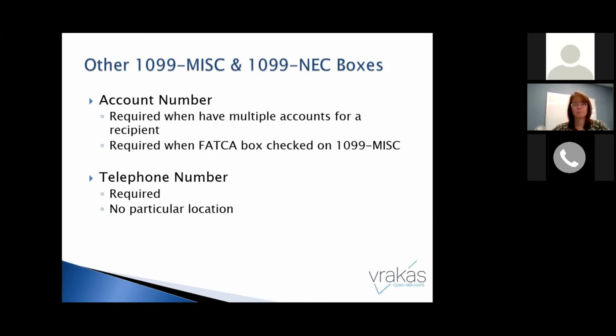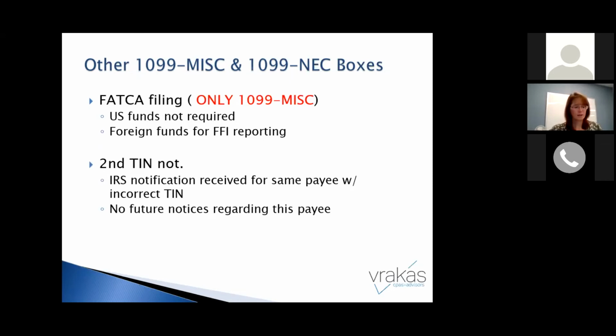That's what that's for. And then the FATCA filing box is if you're a foreign financial institution reporting. If you just have US funds transferring, you would not need to mark this box.